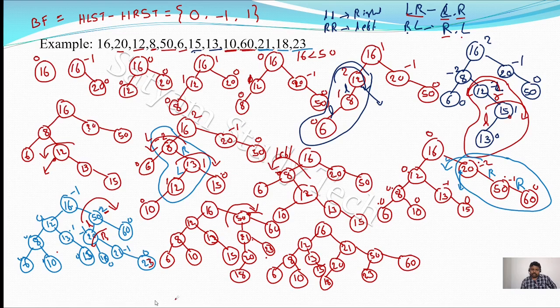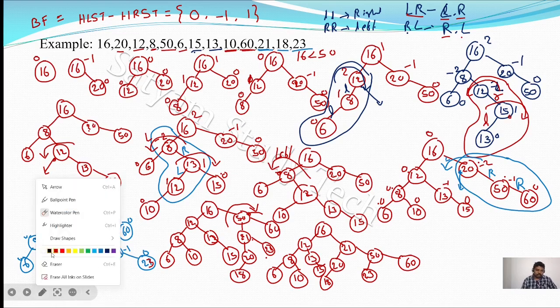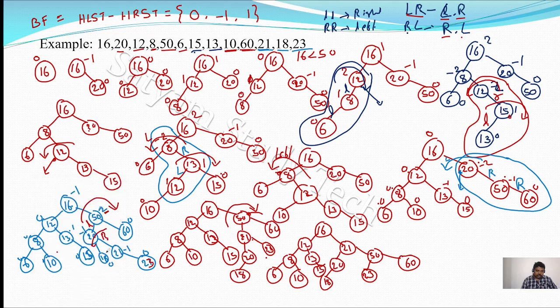Again have to check the balance factor of each one. Now how to check the balance factor? Here the balance factor is 0, here 0, here 0. Now you can see 15 balance factor is 0, here 13 balance factor is -1, right?